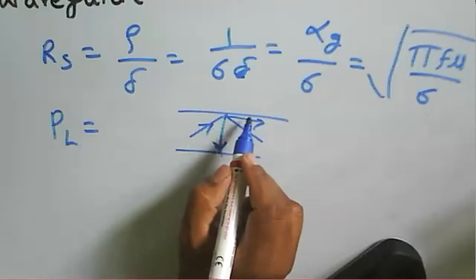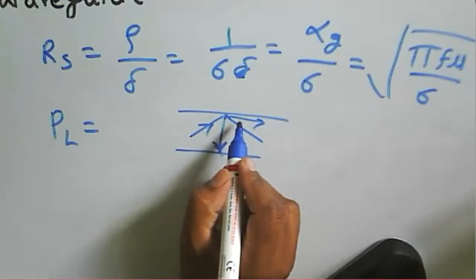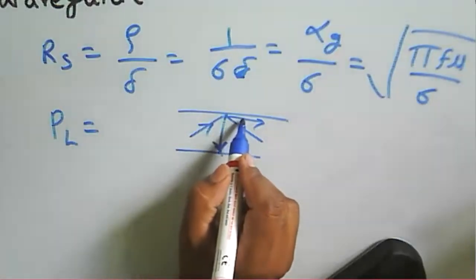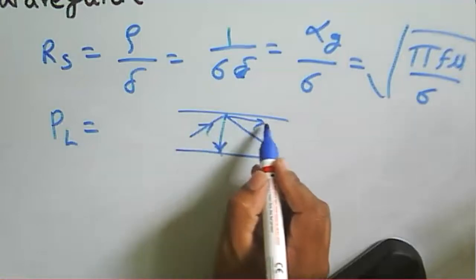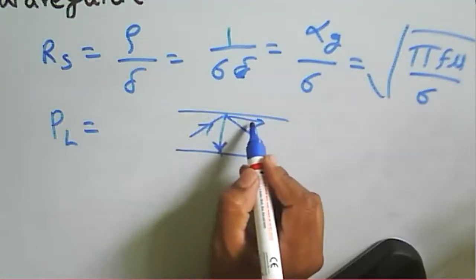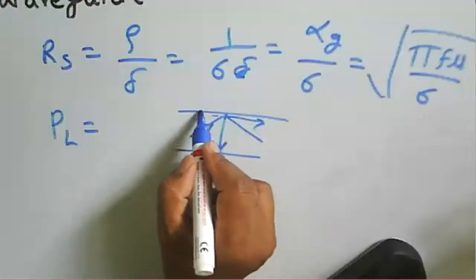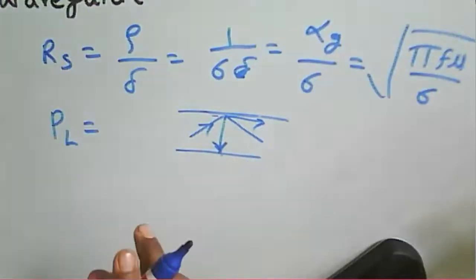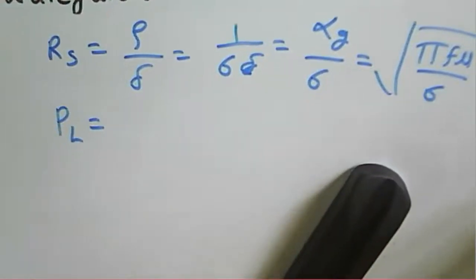Now the loss occurs at the walls of the guide. So that loss corresponds to the particular surface of these walls or the conductor. We have to consider the tangential component of the guide. So which tangential component? For the given guide, how is the wave propagating? Suppose this is our rectangular waveguide.